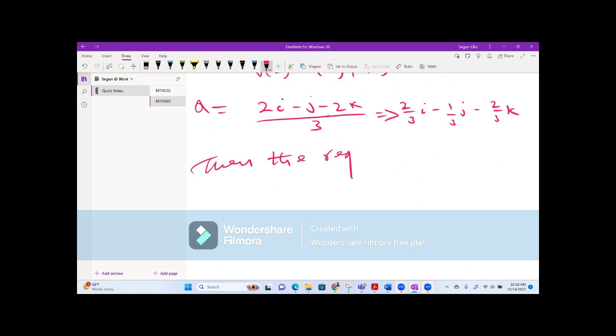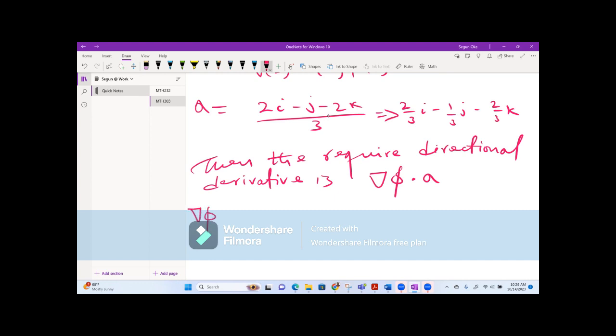Then the required directional derivative is del of phi dotted with A, not multiplication, dot A. Now, del of phi dot A. What is del of phi?